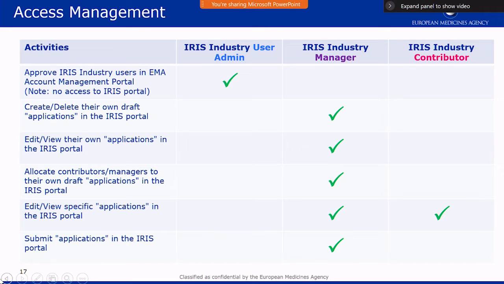So I would say, Esther, this is more an IRIS-related question, more than access. Indeed. I'm not sure what is meant by all the organizations under our account. Do you mean all the sites with whom the MAH works? Because the idea is that as an MAH, you are notified of the inspections related to the products for which you hold a marketing authorization.